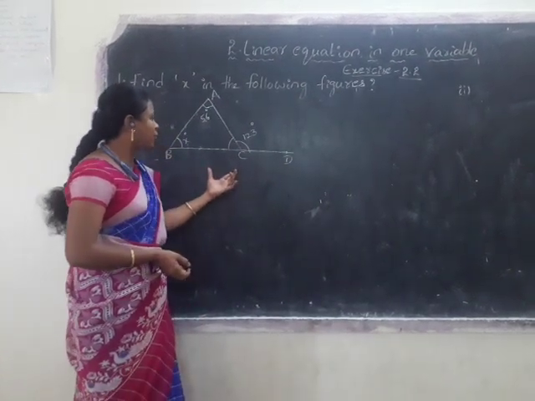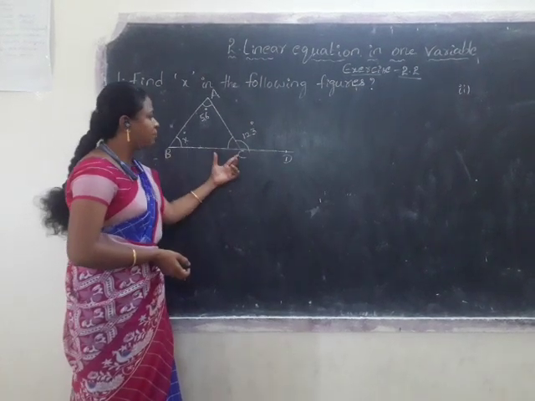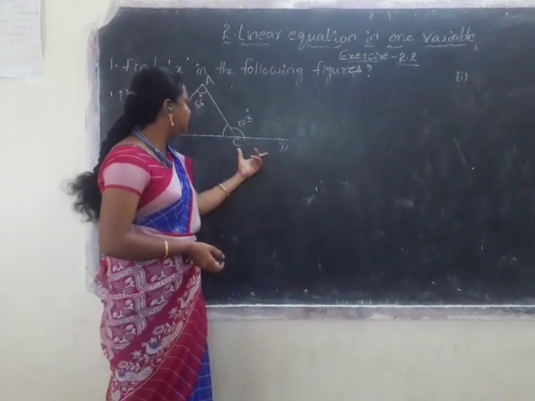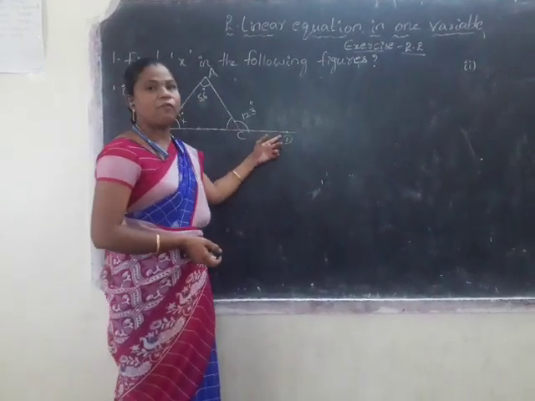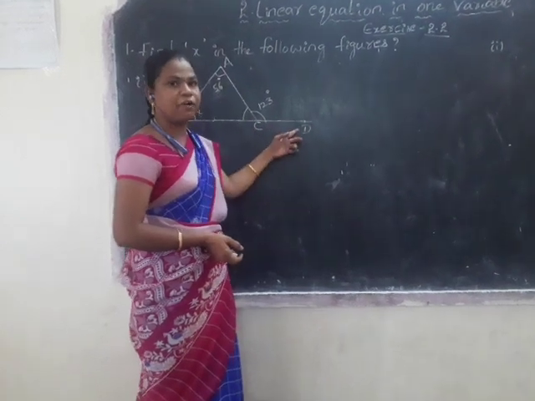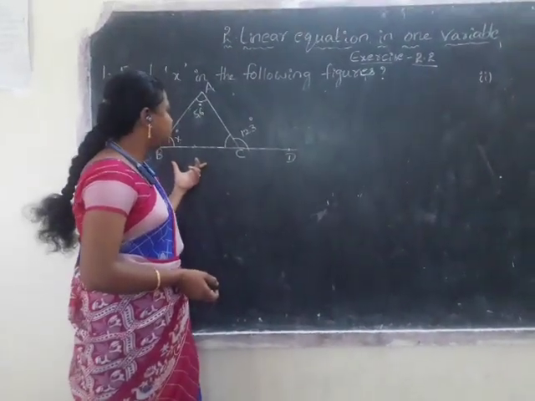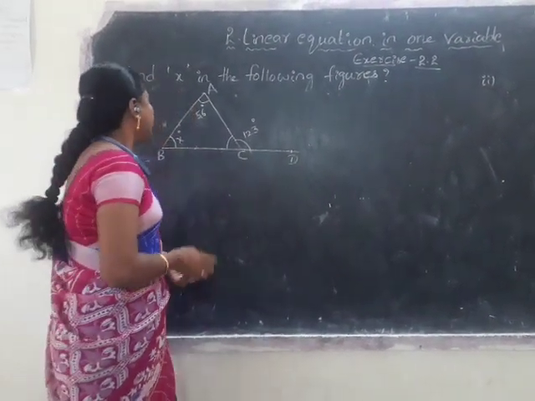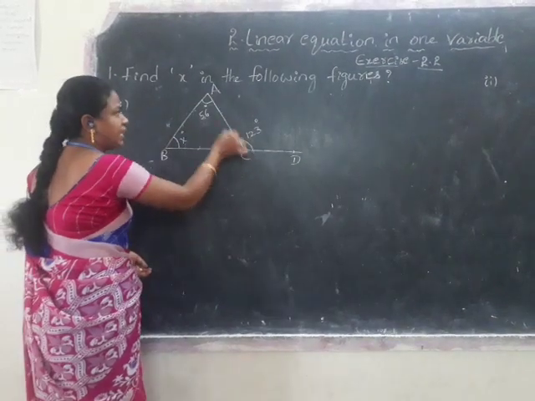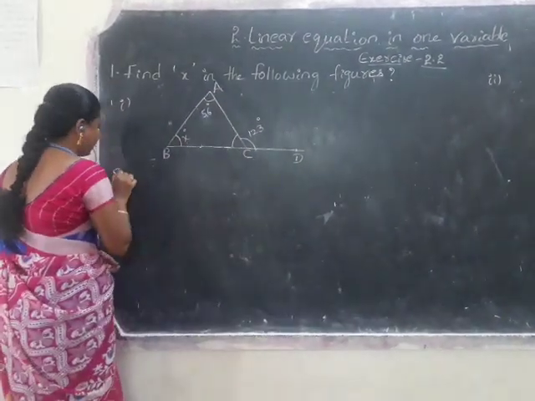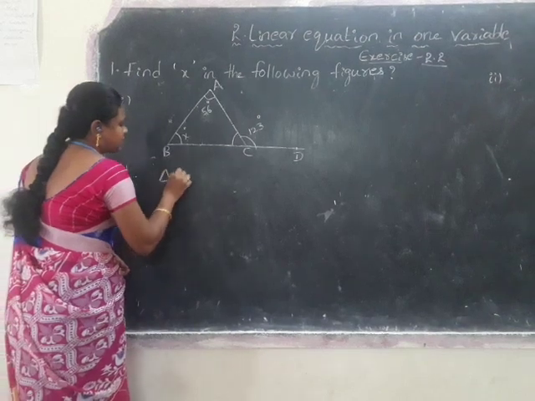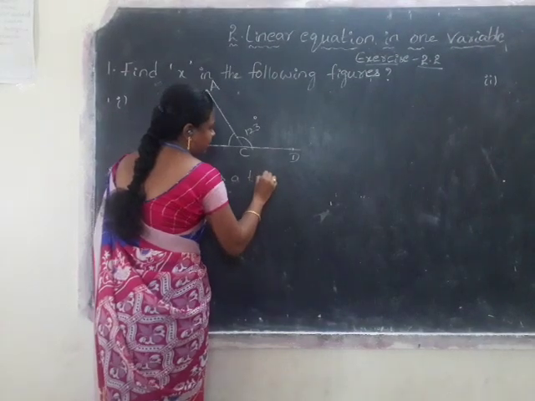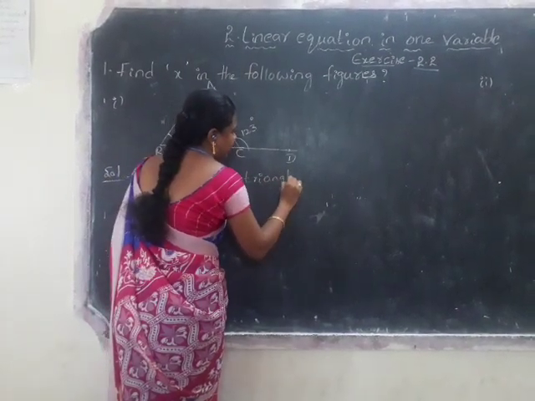So look at the board. Here the side BC is produced to D. An exterior angle is formed after producing side BC to D. Here ABC is a triangle.